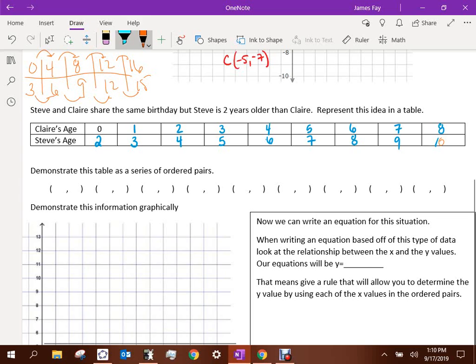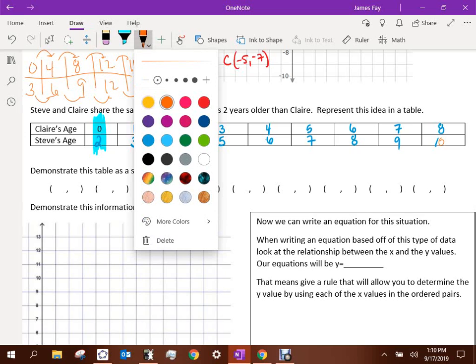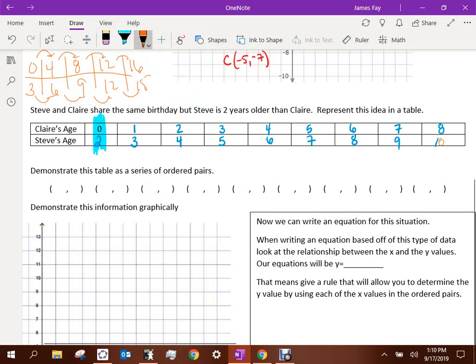Okay? So this information right here, when Claire is 0 and Steve is 2, I'm going to take that information and I'm going to write it as an ordered pair. Claire is 0, Steve is 2. Okay? So all these ordered pairs down here, they follow a form of x comma y.